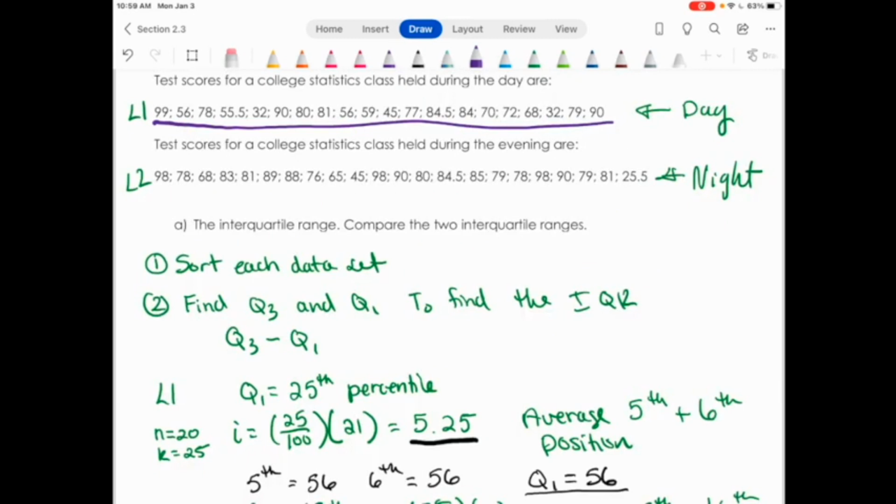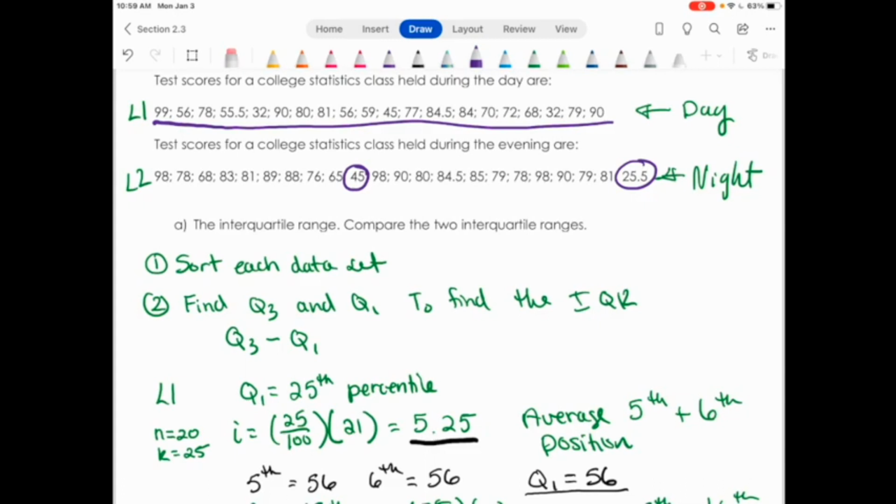It looks like in this case, we're going to have 2 outliers. We have 45 and we have 25.5. Those are the 2 that are on the low end, so those are much lower than all the other scores. Now on the higher end, because we found using that rule that anything over 105.5 would be considered an outlier, I don't see any values that are above 105.5 here.